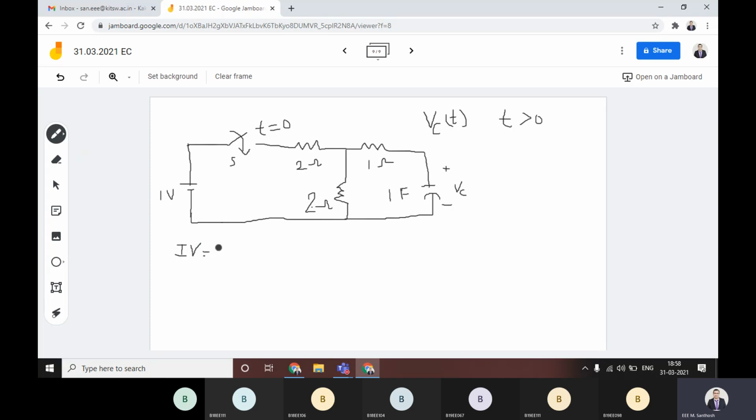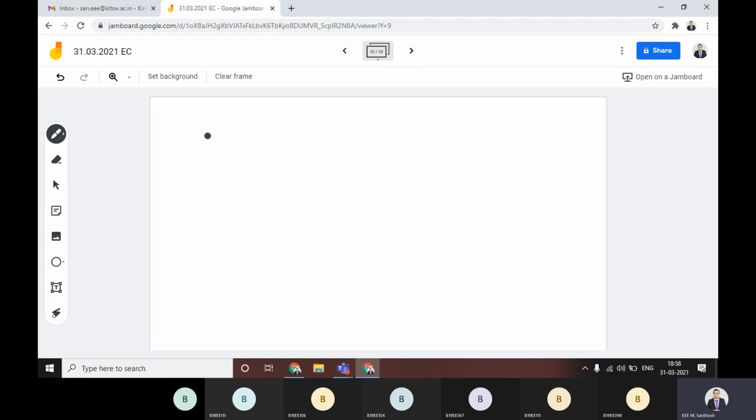Now in this case also, Vc of 0 minus is equal to 0 volts only, and this is also equal to just after the switching action, that is Vc of 0 plus. At t greater than 0, the circuit will become like this.